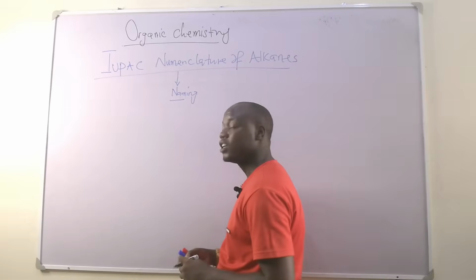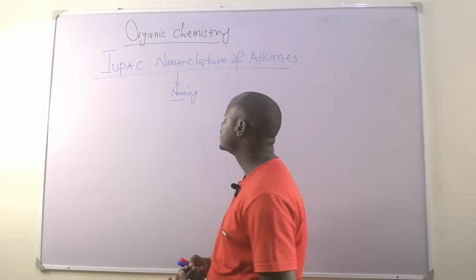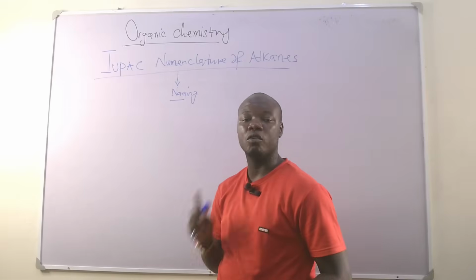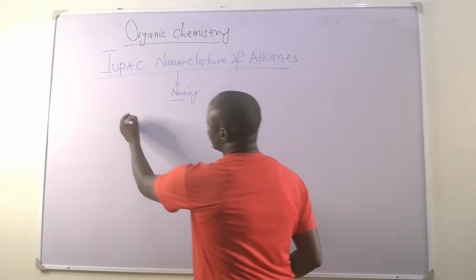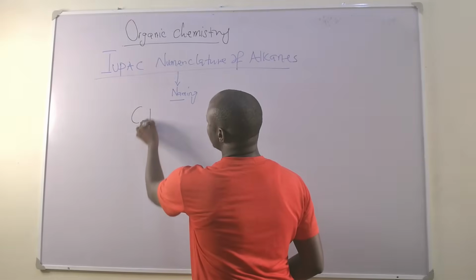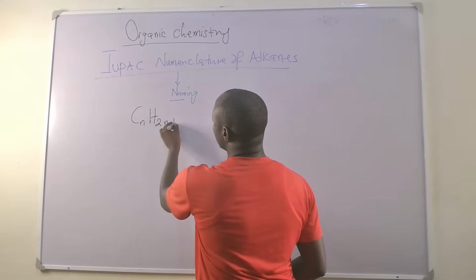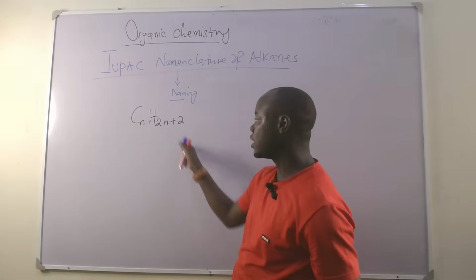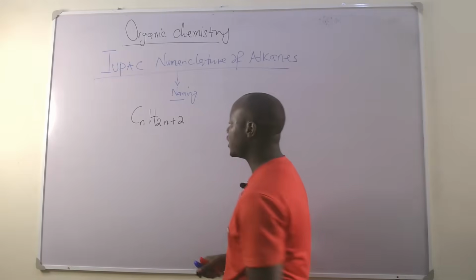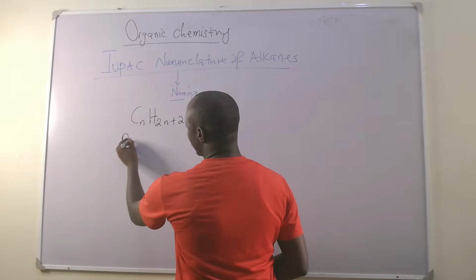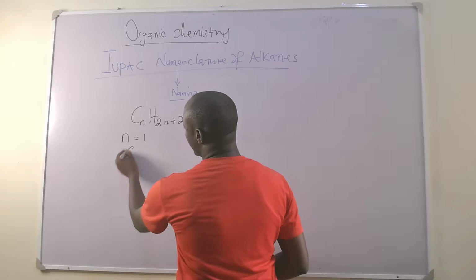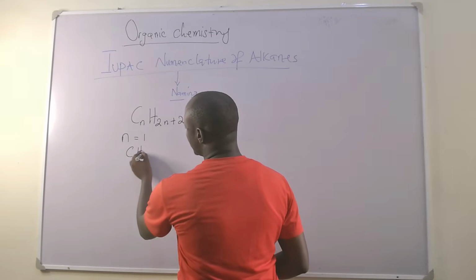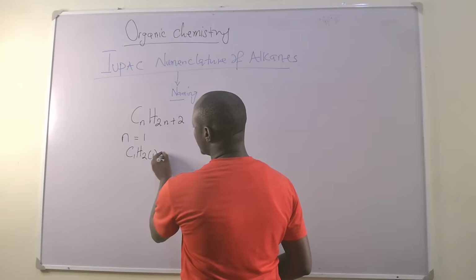organic chemistry, I told you that alkanes are the first member of organic chemistry and they have a general formula of CnH2n+2. So this is the general formula for alkanes. An example is when n is equal to 1: we have C1 H(2 times 1 plus 2).